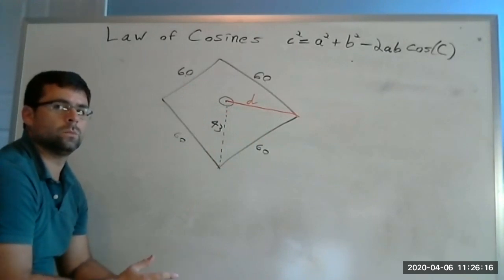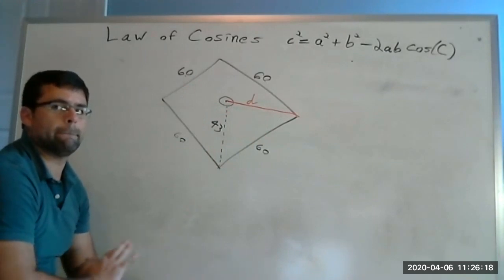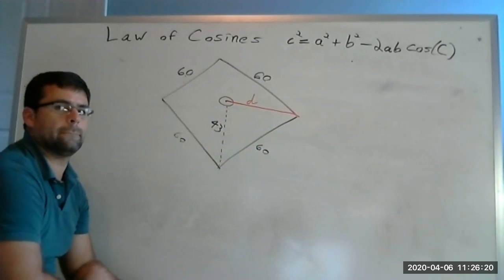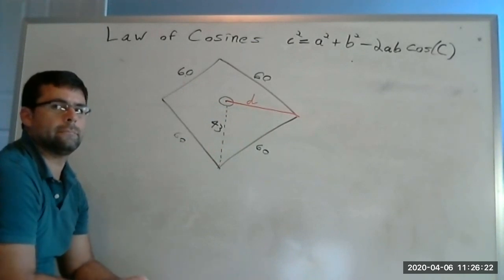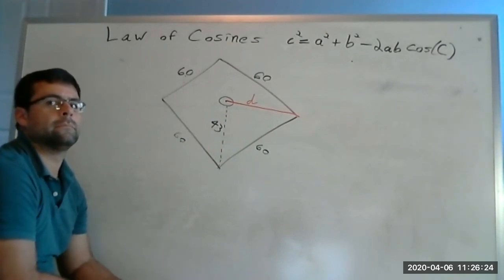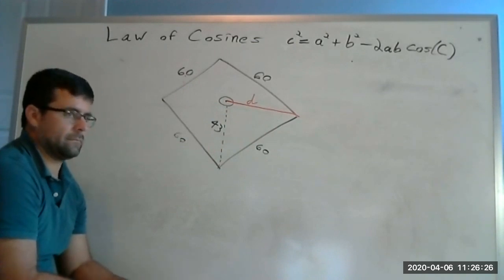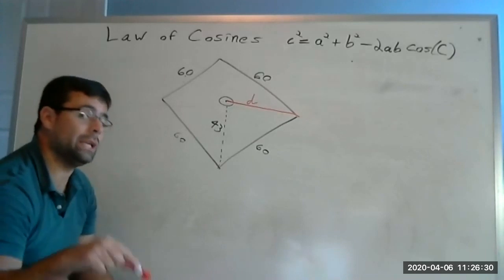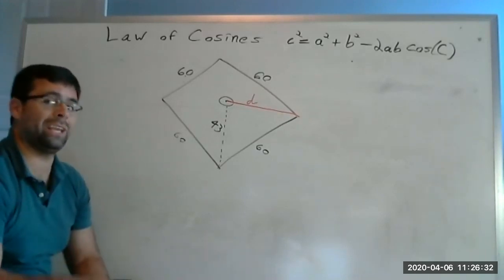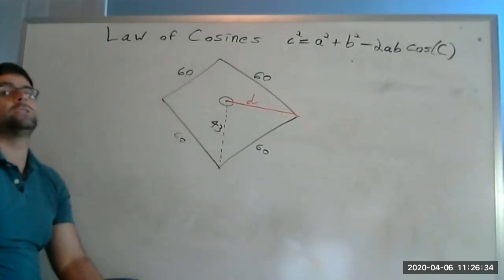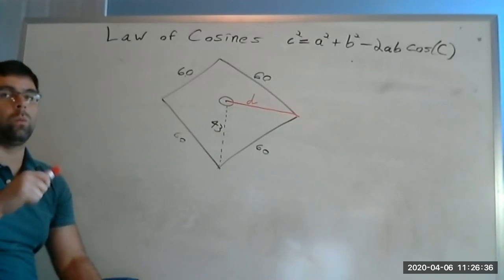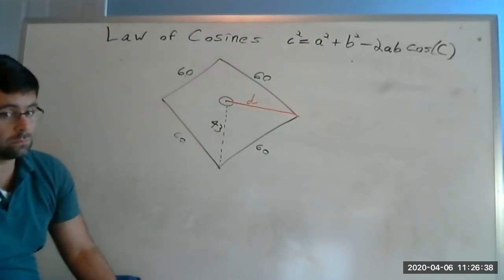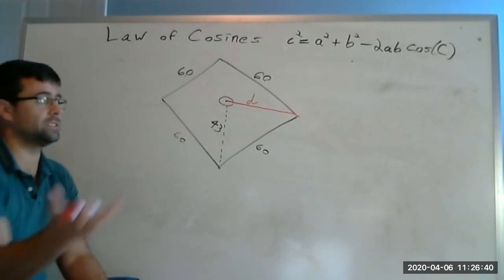So would we use the 43 and 60? Like would those be A and B, and then D can be the C squared, I guess, since we're trying to find it? So, but we need something else. What thing did you not mention that is in the equation?